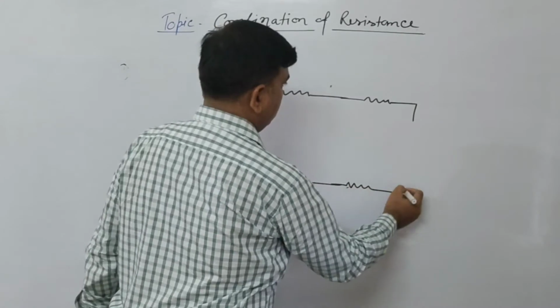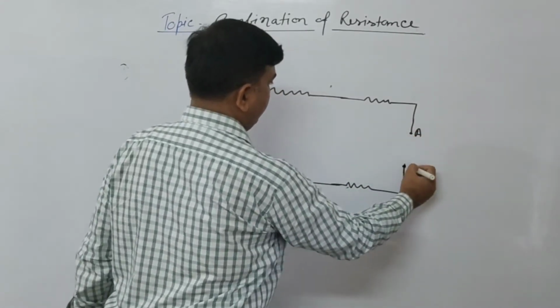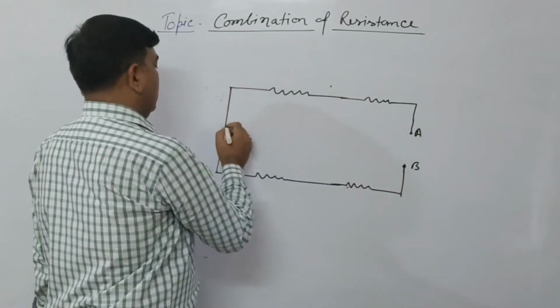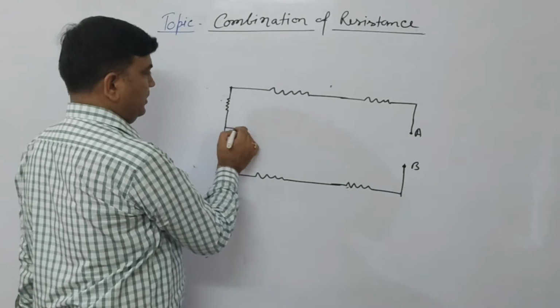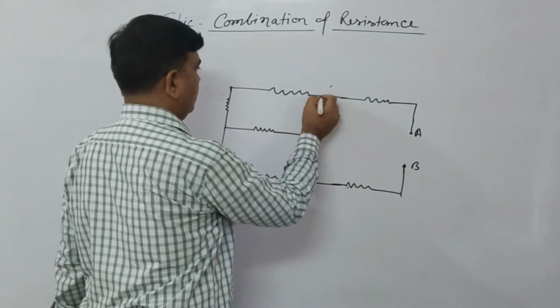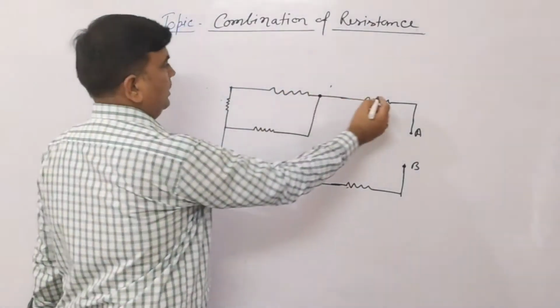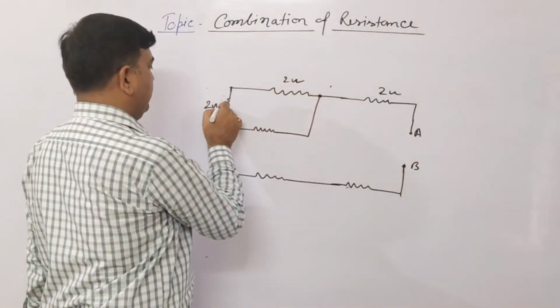Now see the question: find out the equivalent resistance across the points A and B. And here another resistance is also given. You see the circuit diagram. It is the 2 ohm and 2 ohm.